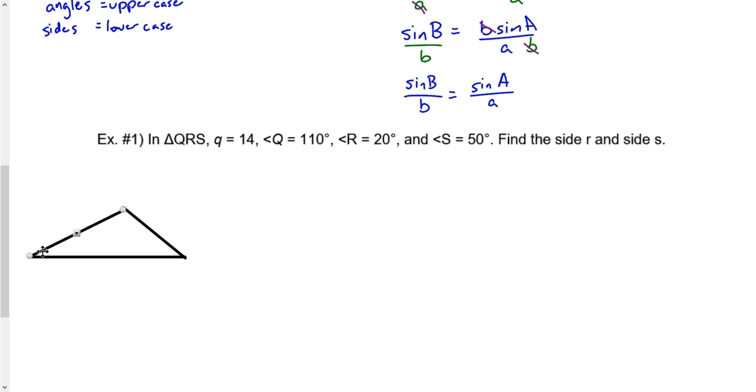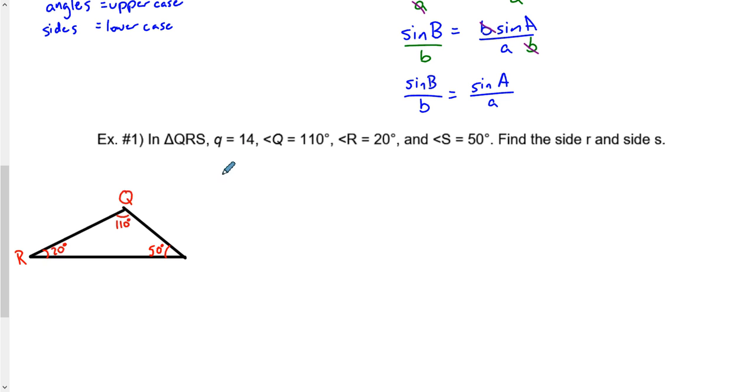I can do that, but it's not necessary to help us set things up. So we can say that this is angle Q, which is 110 degrees. This will be our angle R, which is 20, and angle S is 50 degrees.